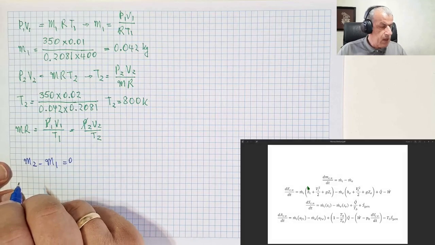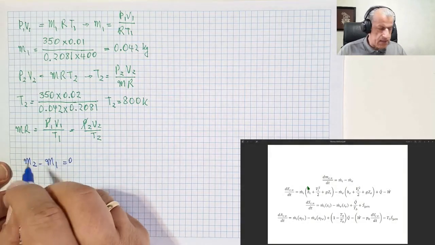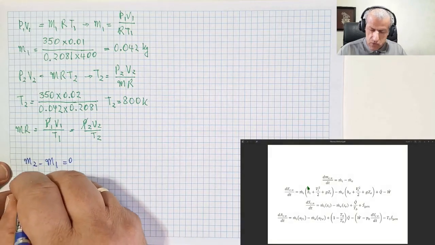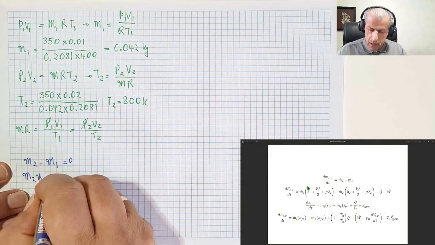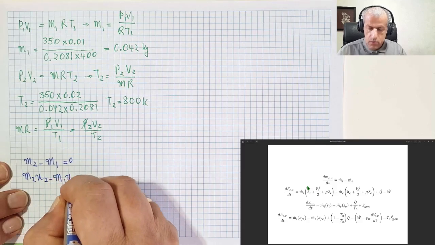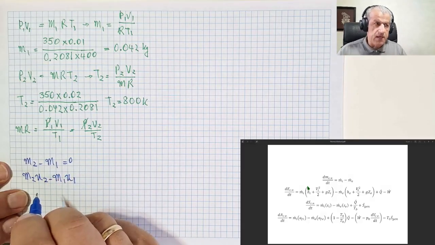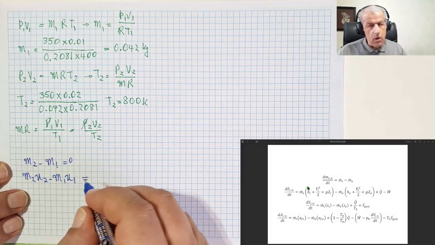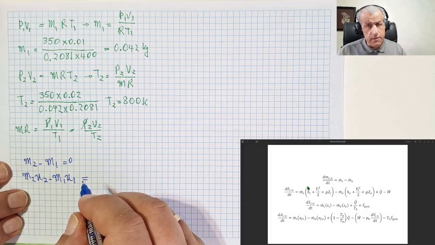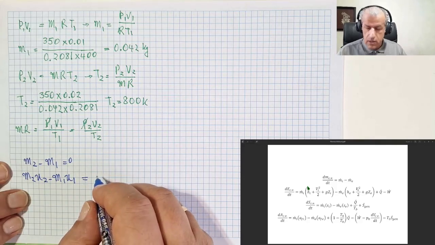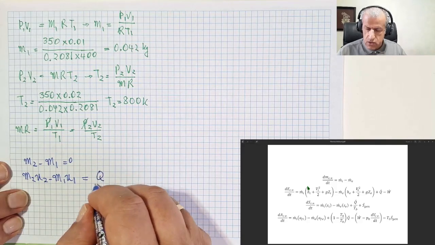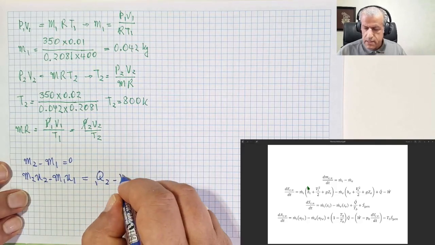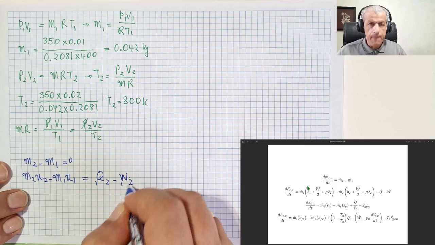Now, the first law of thermodynamics simplifies to M2U2 minus M1U1, which is our left-hand side integrated between the initial and final conditions, equals, now there is heat transfer, there is no mass coming in and going out, there is only heat transfer, Q12 minus W12.